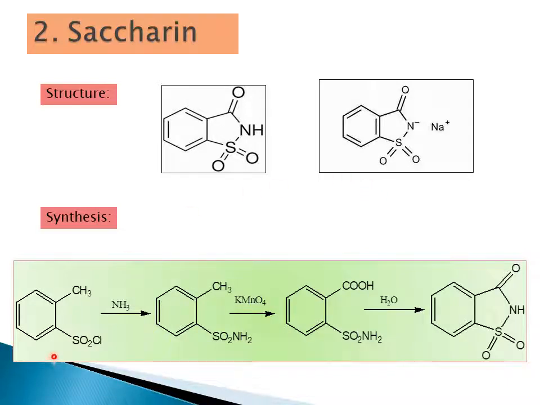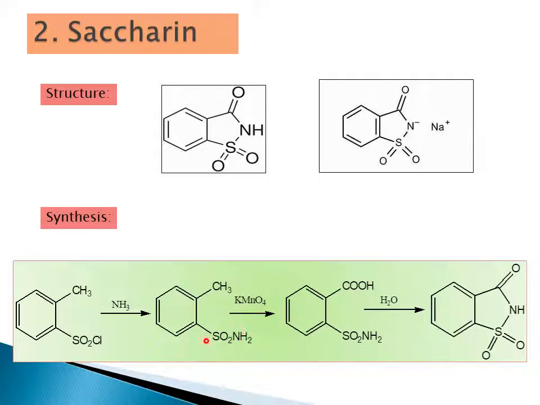How we synthesize it: just follow a retrosynthetic analysis, and here breaking down between the C double bond O and N-H, this is the starting material. Benzene with a methyl group we can name as toluene. With sulfonyl chloride we can name it toluene sulfonyl chloride. It reacts with ammonia, the hydrogen of ammonia and Cl are lost as HCl, and finally it gives the sulfonamide derivative, toluene sulfonamide.